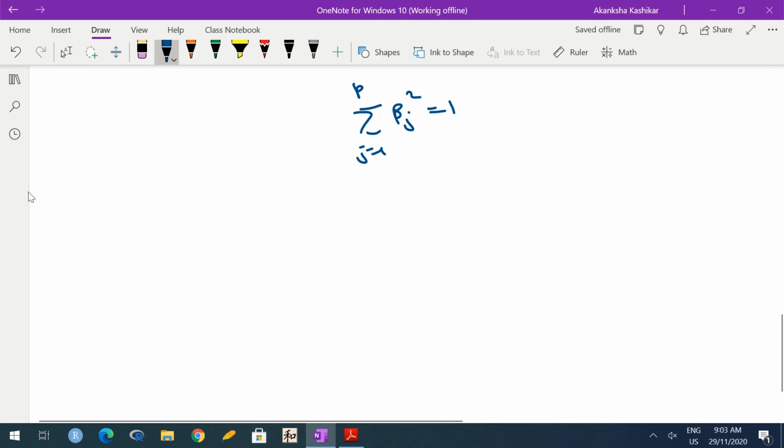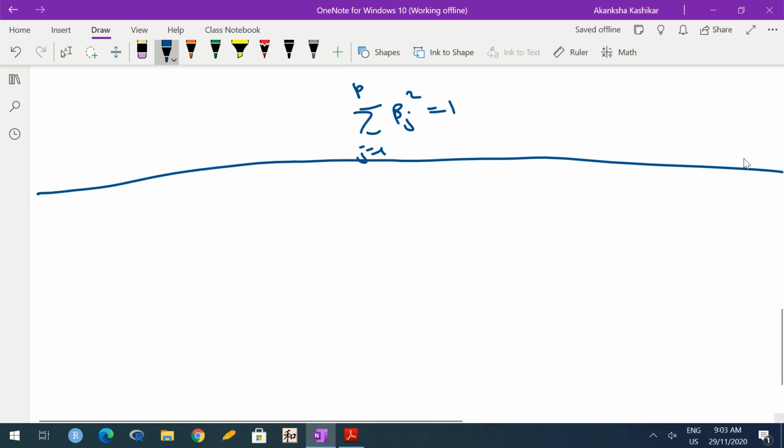Now, using these things, let me try to formulate the mathematical equation. Things would be slightly more clear when we write it down together. My maximal margin classifier can be obtained by choosing the betas in such a way as to maximize m. So maximization is over beta naught, beta 1 up to beta p, and m. Everything is to be chosen. And what are the constraints?